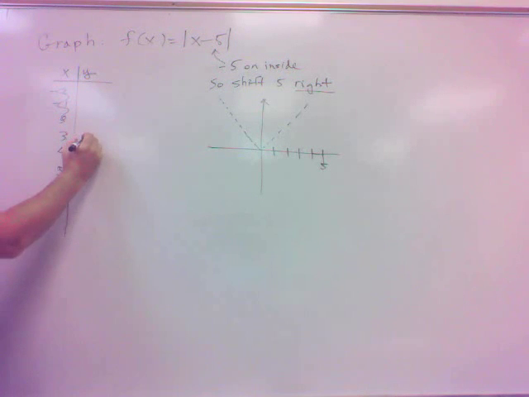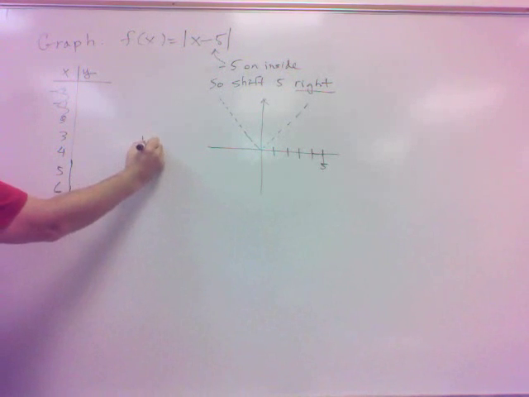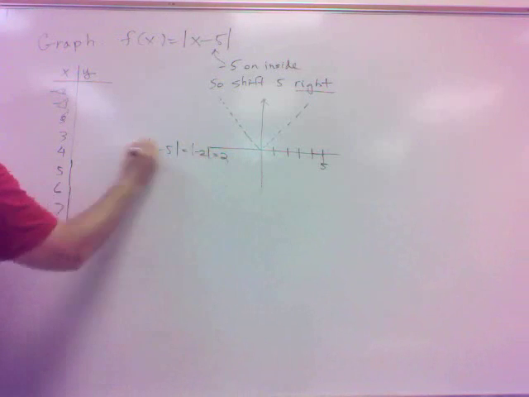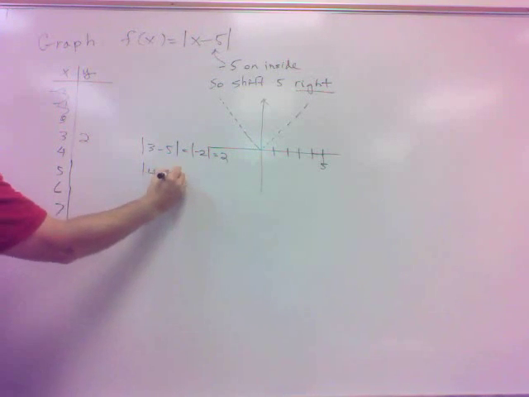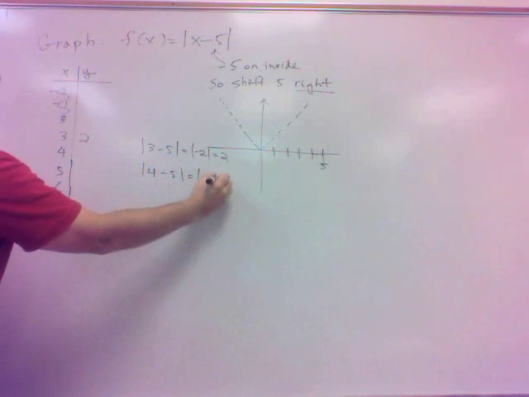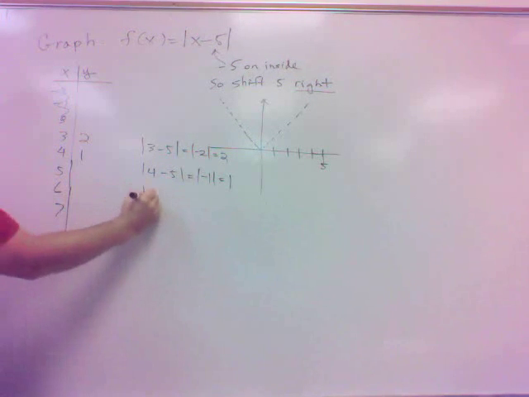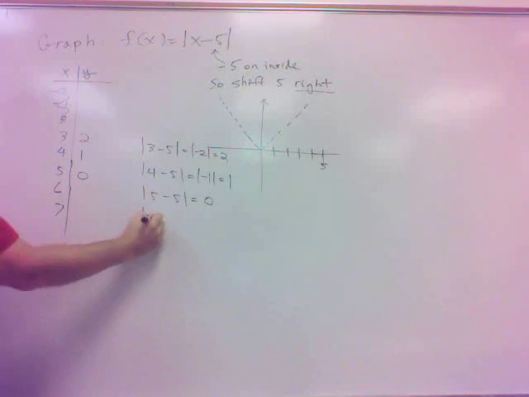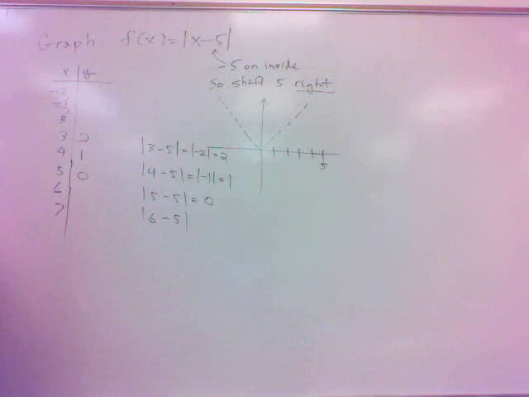All right, so if x is 3, get absolute value of -2 is +2. X is 4, get the absolute value of -1, which is +1. 5, of course, you get 0. At 6, x is 6, we get the absolute value of 1, which is 1.